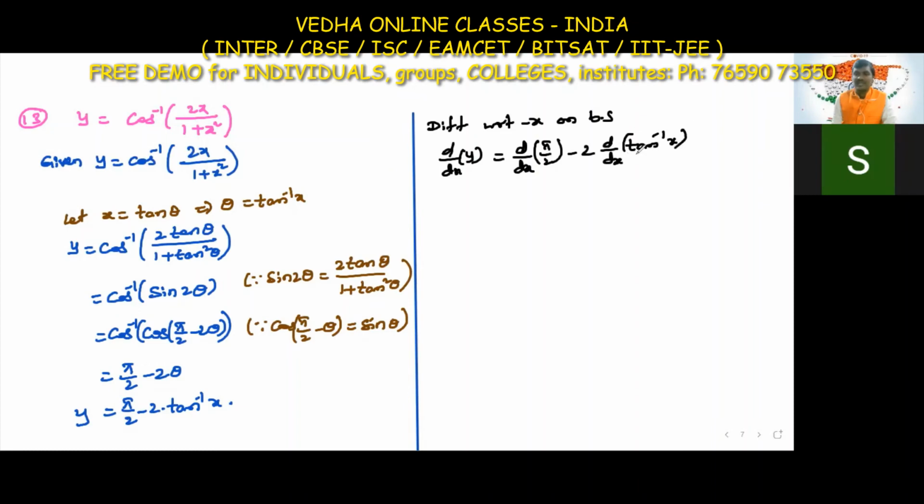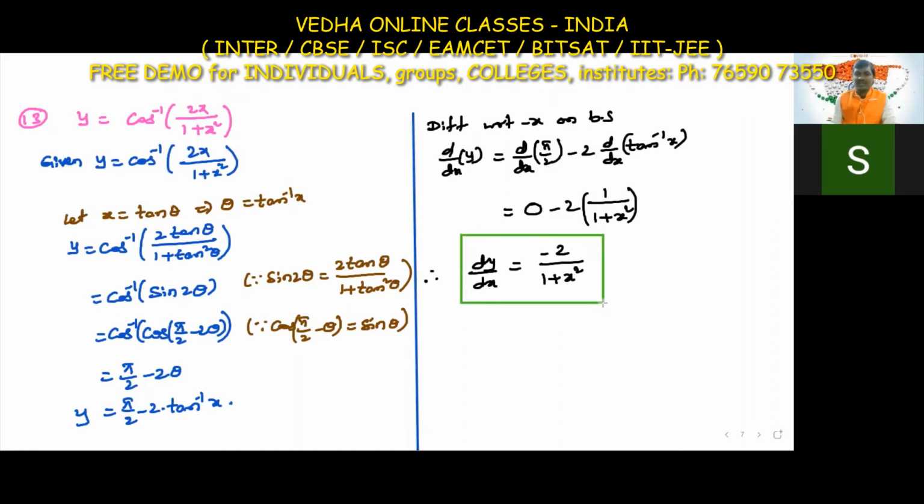Now this is equal to d by dx of constant is 0, minus 2 into the derivative of tan inverse x, which is 1 by 1 plus x square. So we get minus 2 into 1, which is minus 2 divided by 1 plus x square. This is the value of dy by dx here.